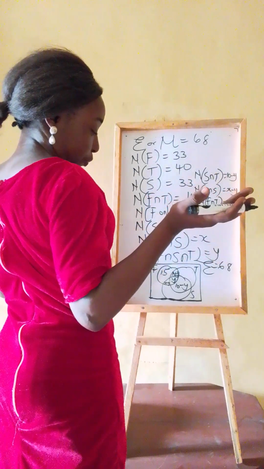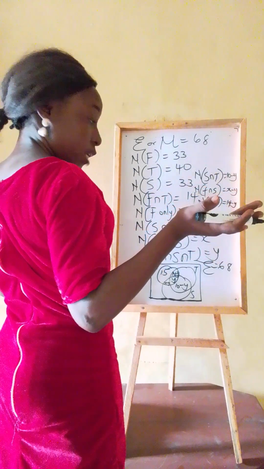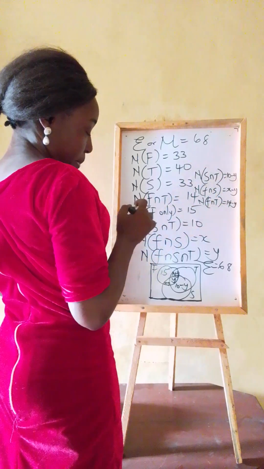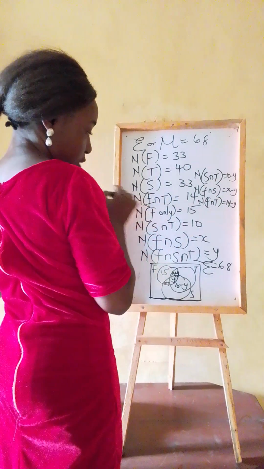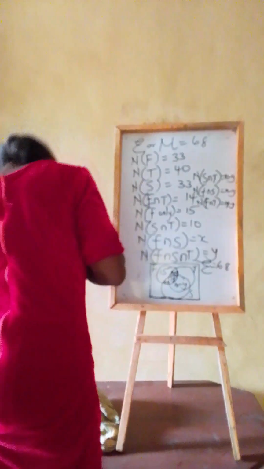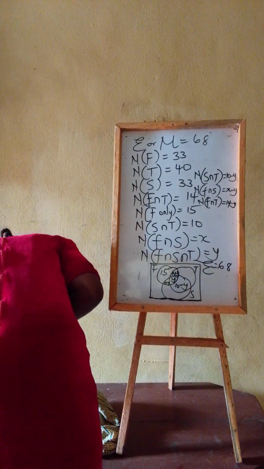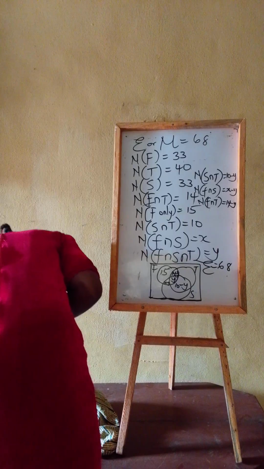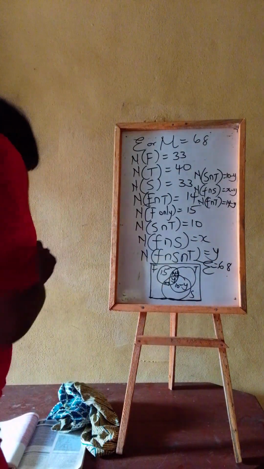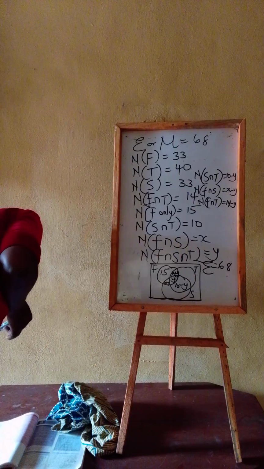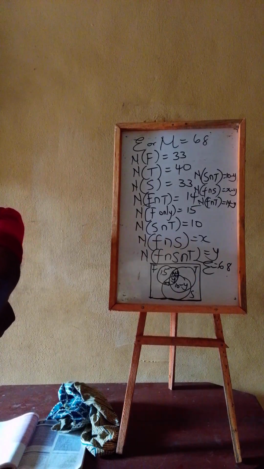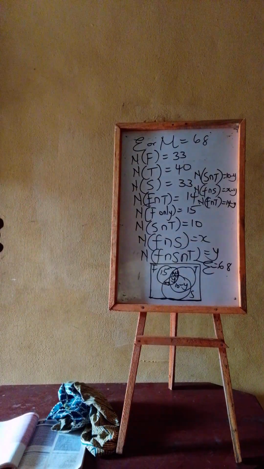it's very simple. Remember, this is F. The reason why I put it is that we are not given feed and swimming. Are we given feed and swimming? We are not given feed and swimming. If you check well, we are not given feed and swimming.